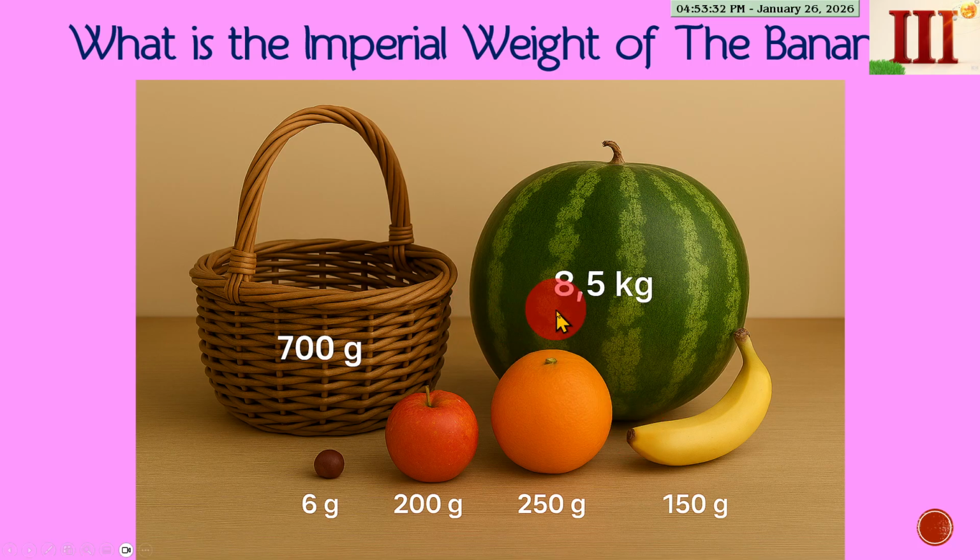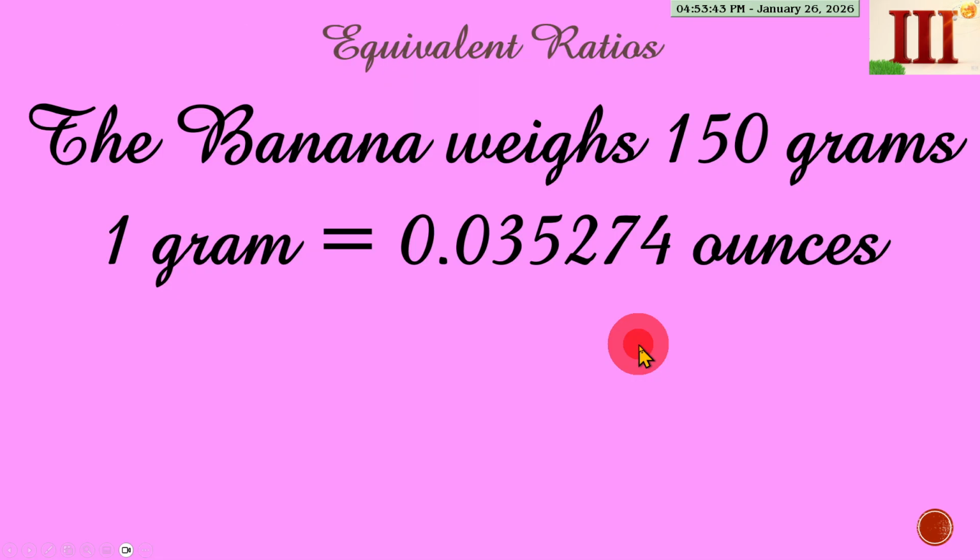We're going to look at those same questions we looked at in the previous video. We want to look at the imperial weight of the banana, 150 grams. So what we would do, we'd say the banana weighs 150 grams. We have the conversion. 1 gram is equal to 0.035274 ounces.